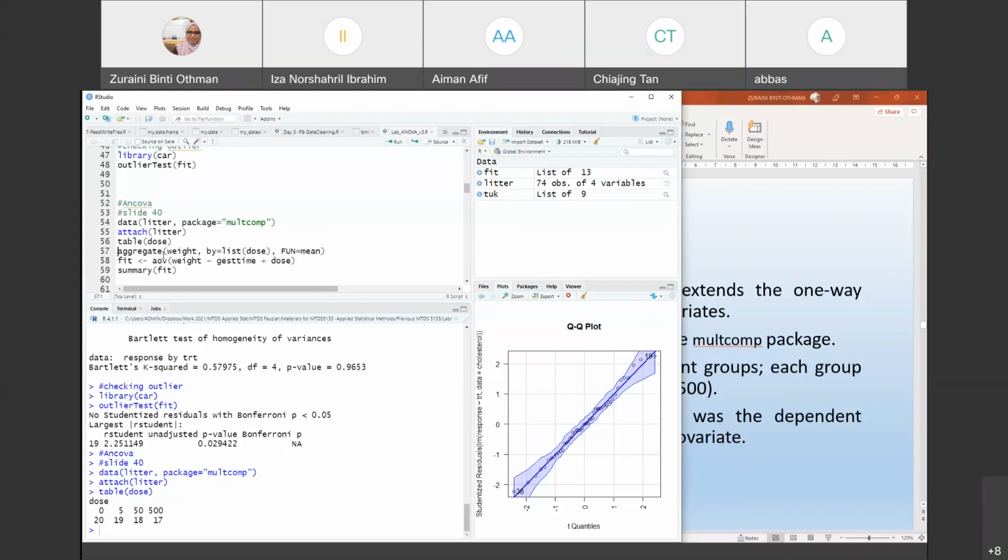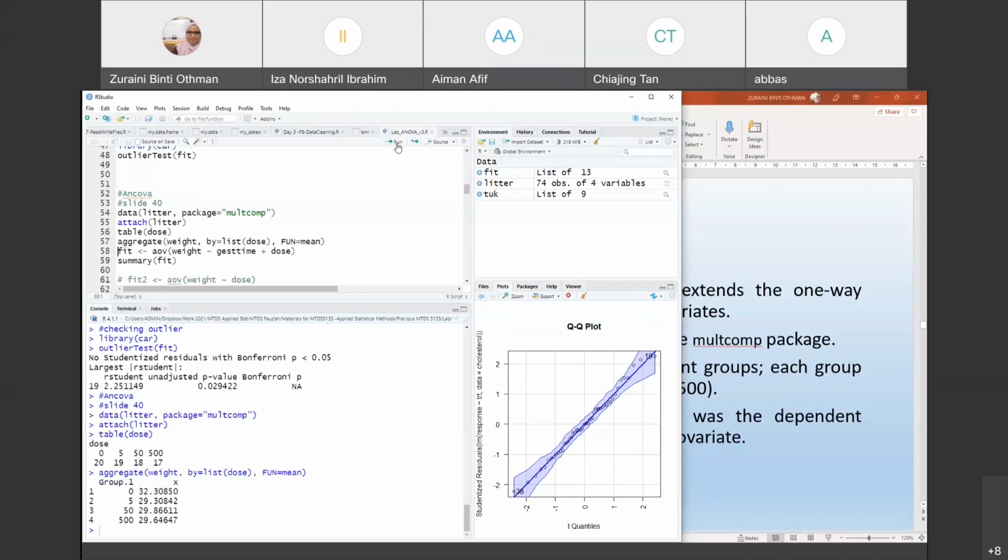Now aggregate: we want to know the aggregate weight for the litter in terms of mean. We can see that the 0 drug gives a 32 mean, so it gives the higher mean.